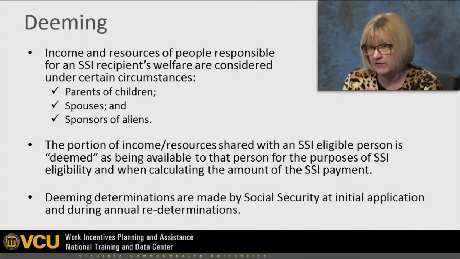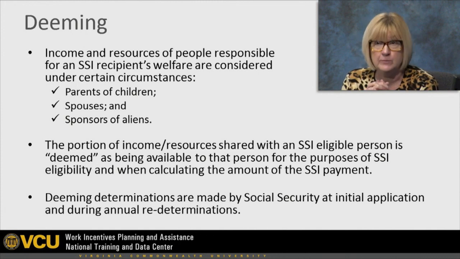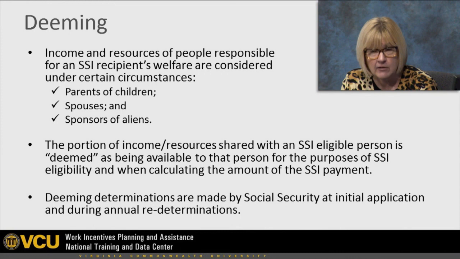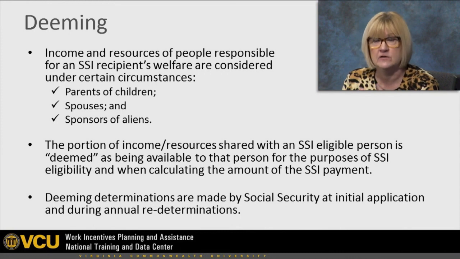Now, we have provided you with some briefing papers, there are several, on the subject of deeming. There's a paper that discusses deeming in general. That's probably the best one to read if you want to dig into this subject more. There's a lengthier paper on spouse-to-spouse deeming, where an eligible individual is married to an ineligible individual, and deeming is occurring there.